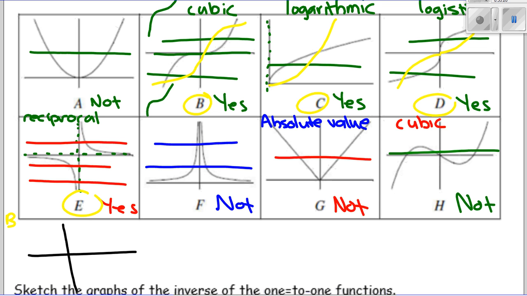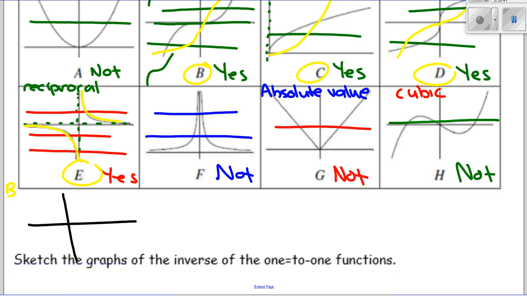In terms of drawing the reciprocal one, it'll look pretty similar in the end, so I'll just do it over here vaguely. When you reflect the reciprocal one across the line y equals x, it will look pretty similar. So we're just doing it roughly, in yellow. So in yellow is how we sketch the inverse, or whatever colour you did, you write notes to yourself.